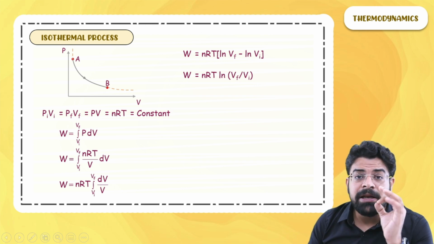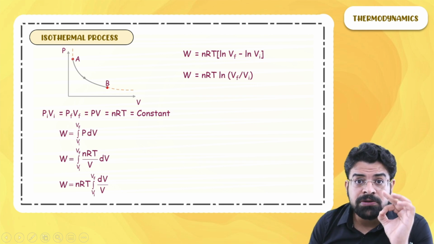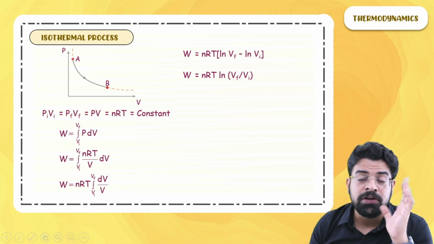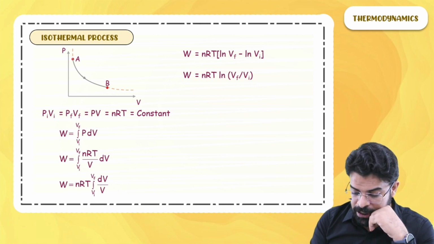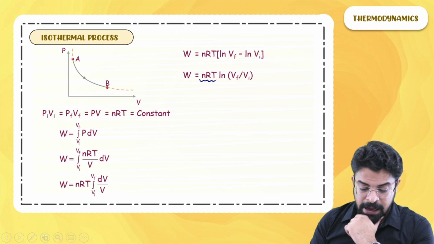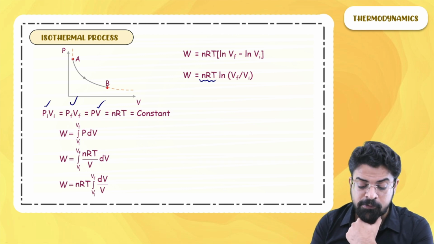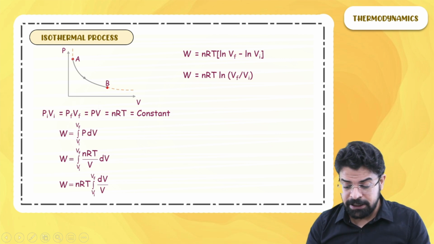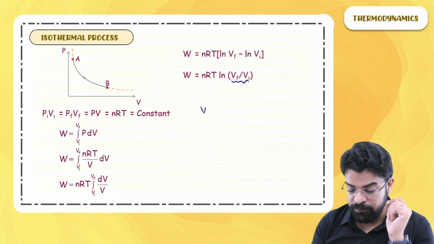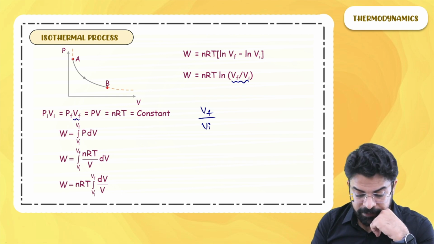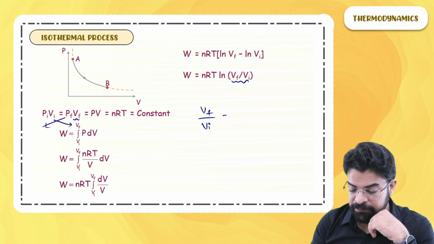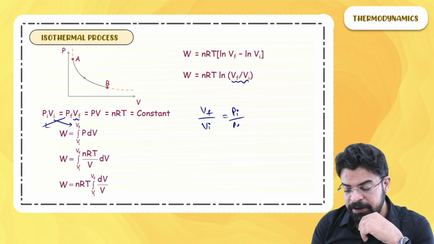Now there are many different ways to write the work done for an isothermal process. Why, sir? In place of nRT, I can write PV, I can write P initial V initial, I can write P final V final. In place of V final by V initial, I can even write P initial by P final.